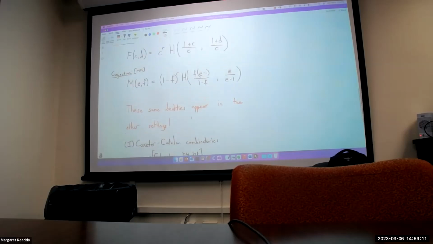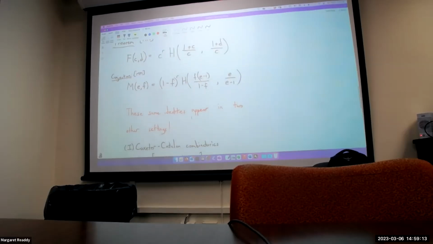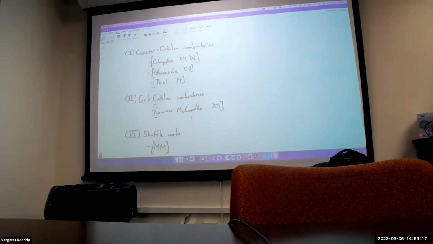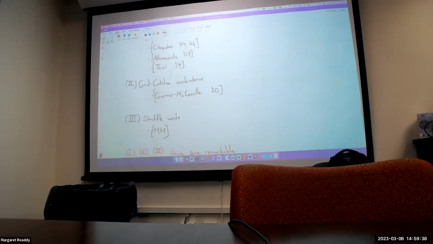The real surprise about this, though, is that these are the exact same birational transformations that show up in 2 other settings. The first one was Oxford-Catalan combinatorics. This is actually how Schopenhauer's name gets attached to this: he came up with these polynomials corresponding to these clustery things, Oxford-Catalan numbers, and his conjectures were proved by various people.